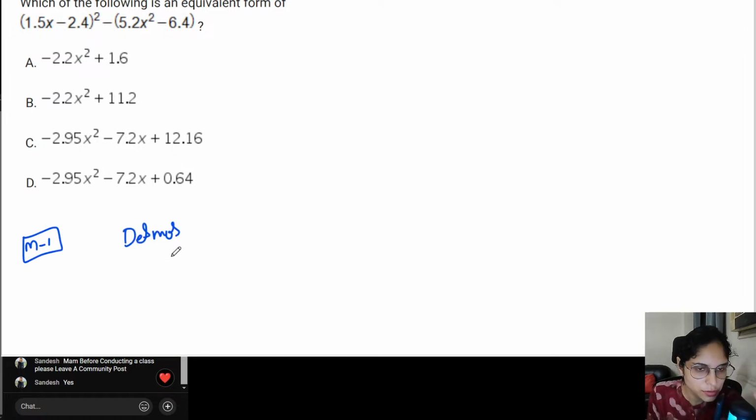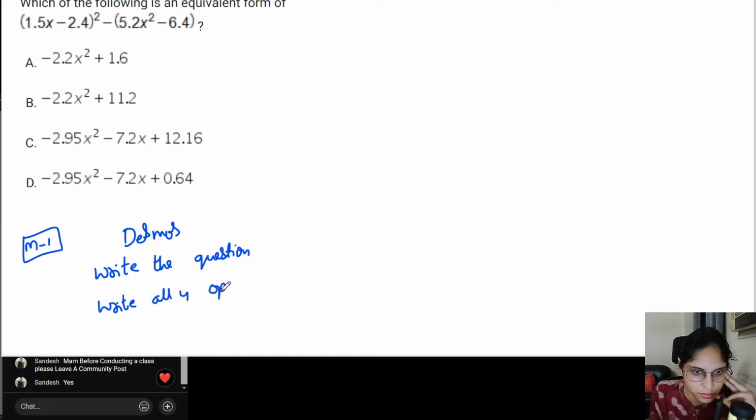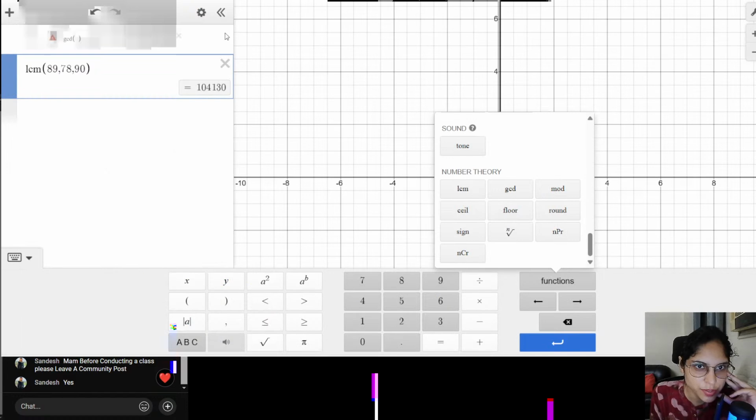How do you do it? You just use Desmos. Write the question. Write all 4 options. See which one overlaps. So what you do, you go to Desmos.